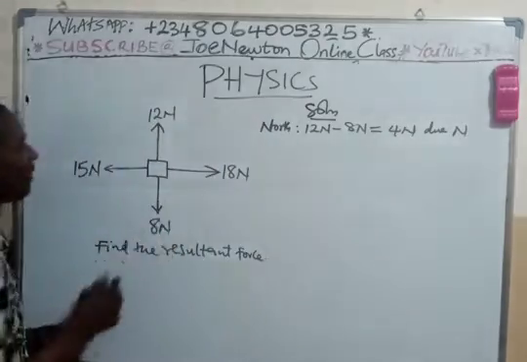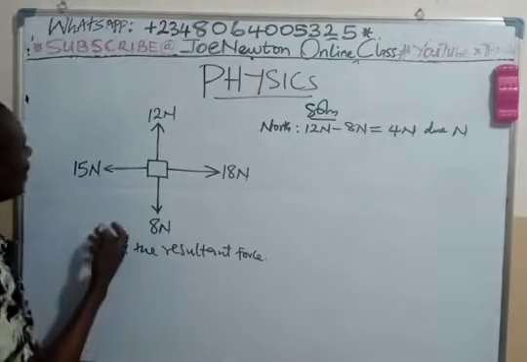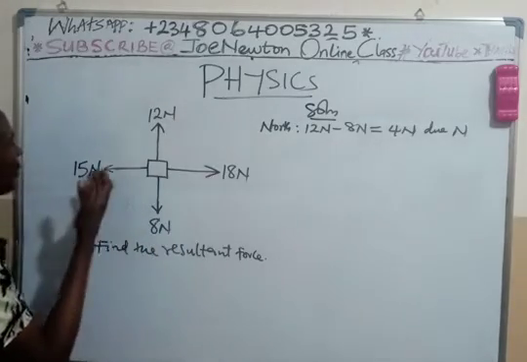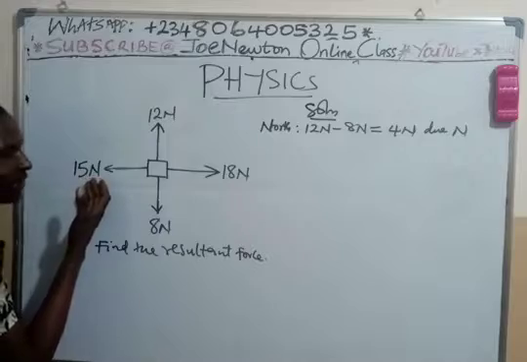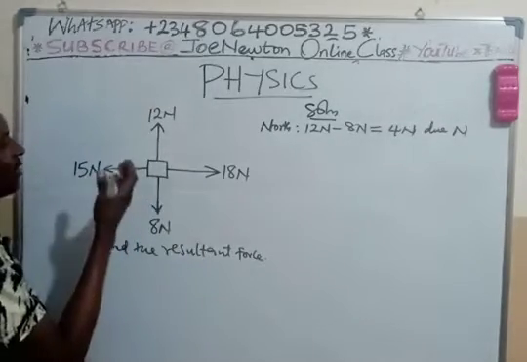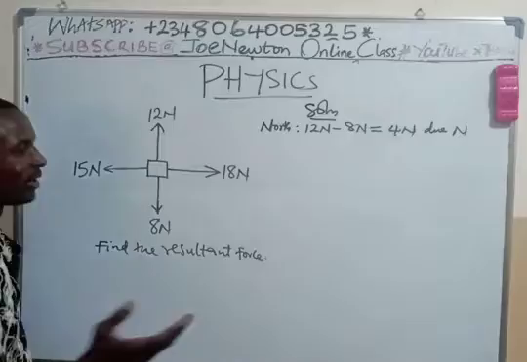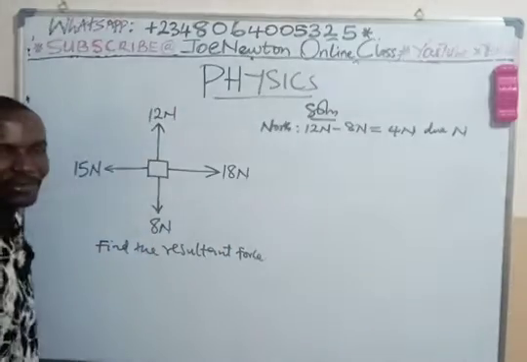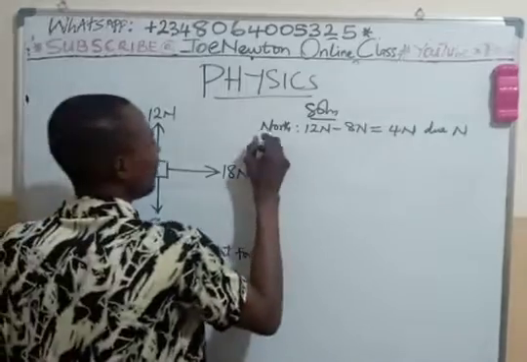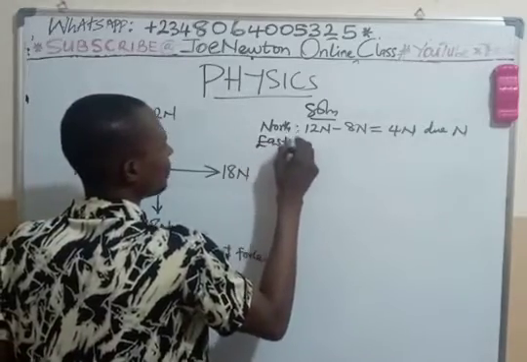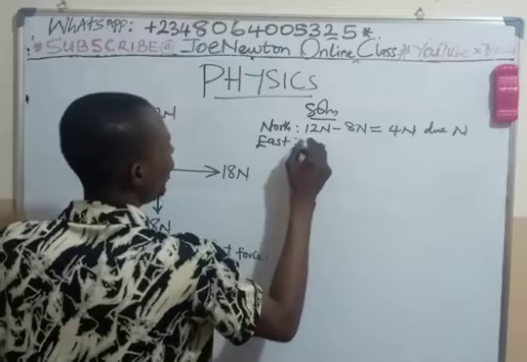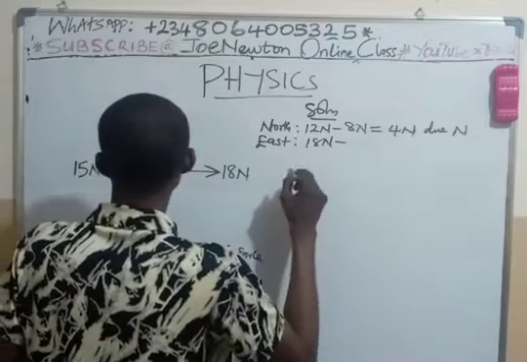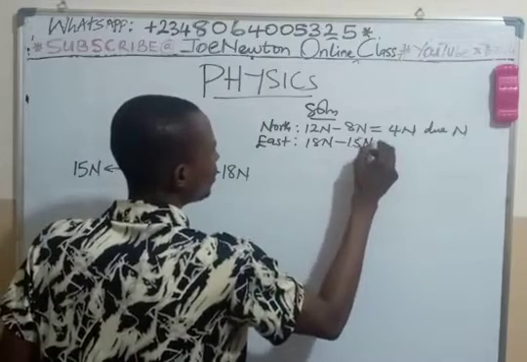Then here, the 18 Newton force is higher than the 15 Newton. For that reason, the force is going to be effective in the easterly direction. So for the east, we have that 18 Newton minus 15 Newton.